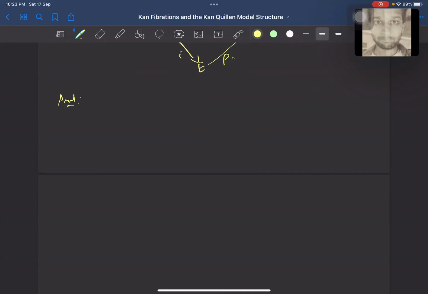Let's consider the set of commutative diagrams. Let me draw them first. Let's consider this sort of commutative diagram.